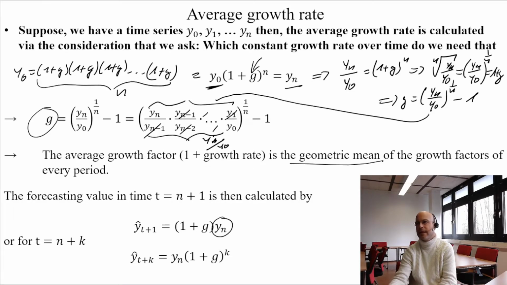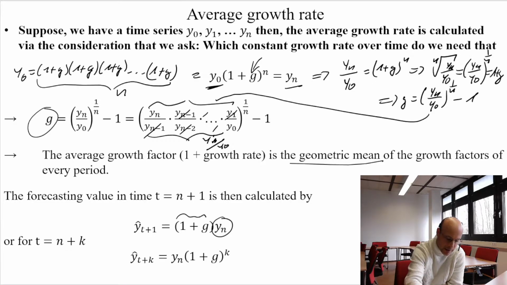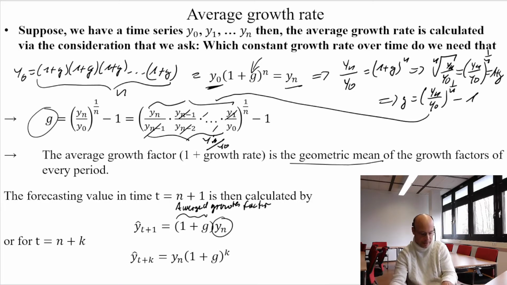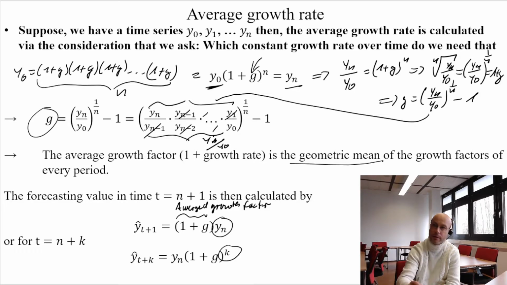So we obtain the next data point by multiplying by 1 plus the growth rate, which is also our averaged growth factor. And of course, we can go further into the future using k times this growth factor. We then obtain the forecasted value in t plus k.